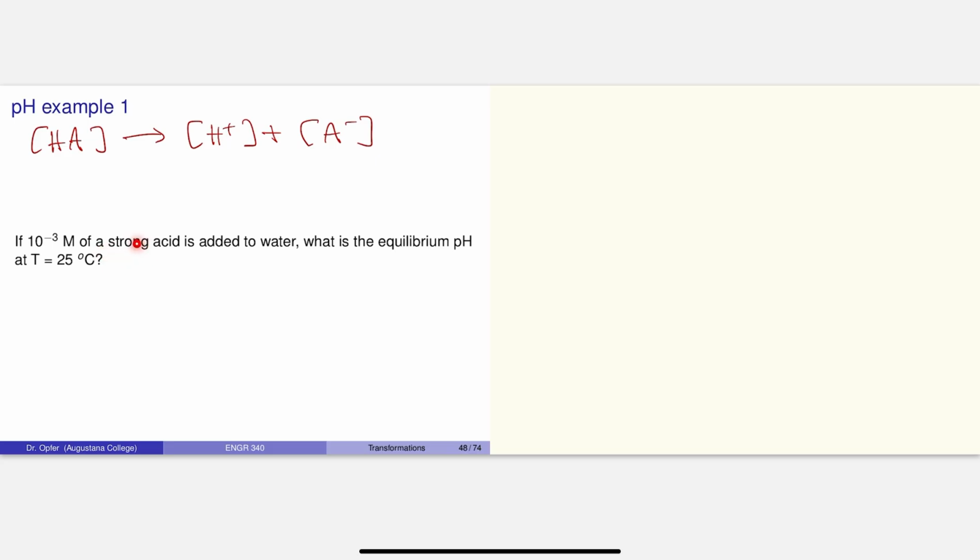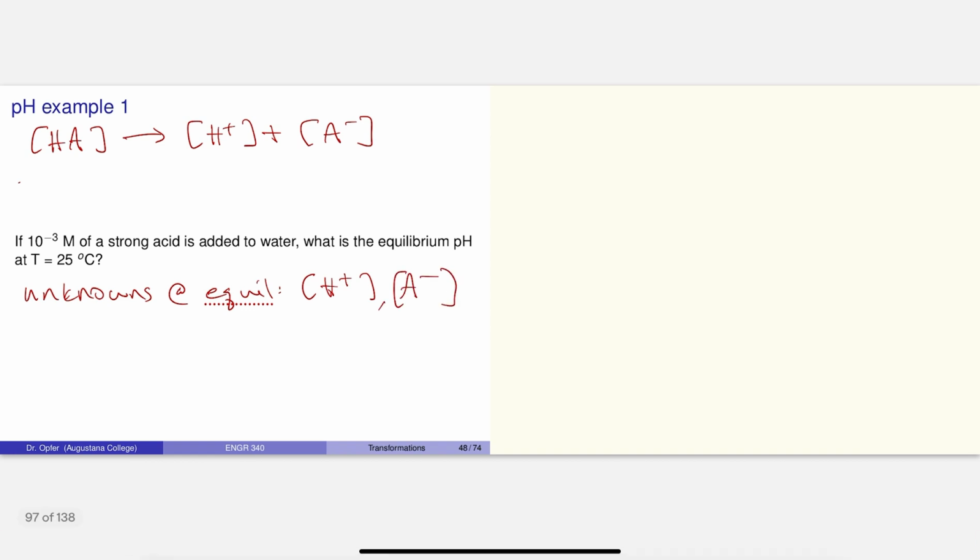Since we're told it's a strong acid, we know that this completely disassociates. Basically, in terms of unknowns at equilibrium, we're going to have just H plus and A minus from this equation.